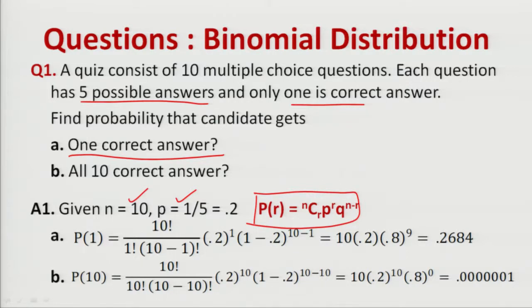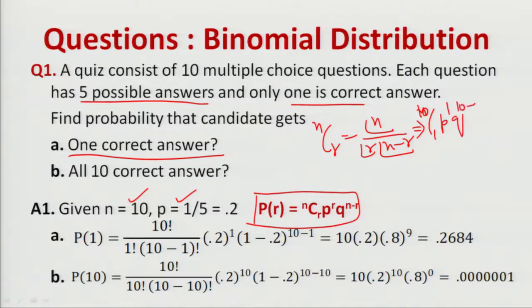Putting this in the formula, we get 10C1 p to the power 1, q to the power 10 minus 1, which is equal to factorial 10 upon factorial 1, factorial 9, times 0.2 to the power 1, times 0.8 to the power 9.